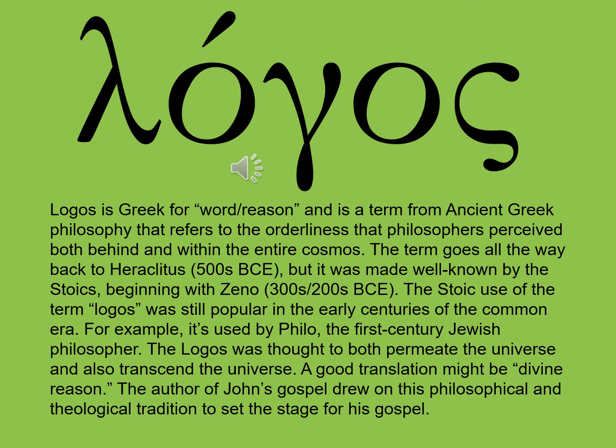And in the first century, authors who use this philosophical term tend to mean a divine kind of reason, a divine orderliness that permeates the whole universe but also transcends the universe. So a good translation of logos as it appears in John's Gospel might very well be divine reason.